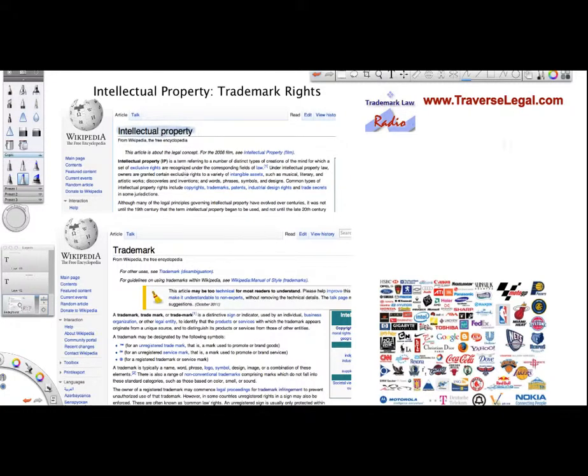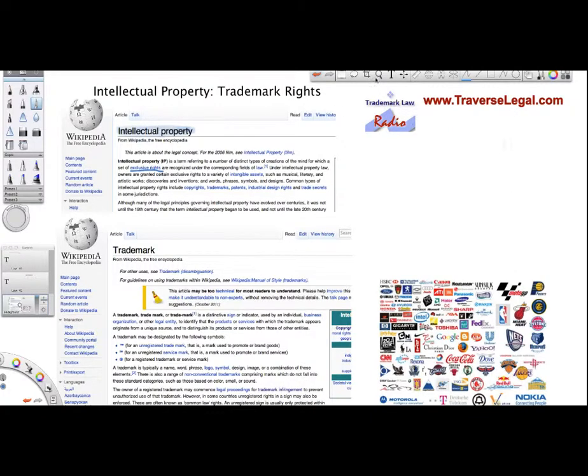Now, if you go to the Wikipedia entry, you'll see a great rendition of information about intellectual property. Essentially, intellectual property talks a lot about the exclusive rights that are granted to a person or a company to something that is intangible. So when you think about intellectual property, you're always thinking about this concept of exclusive rights.